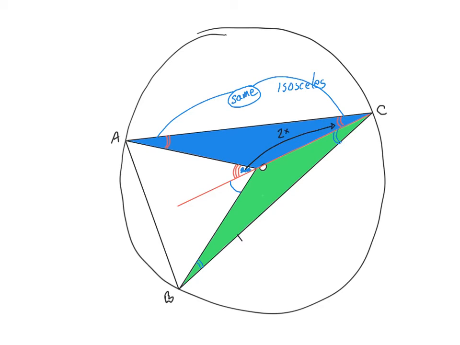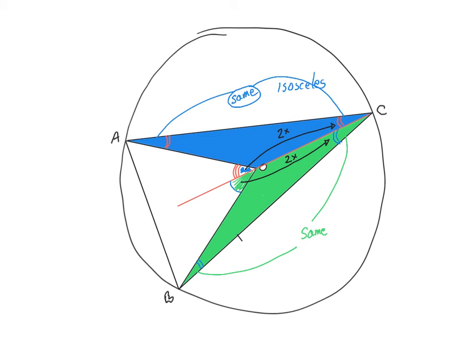And similarly here, if these two are the same, because this is isosceles, then the blue angle here must be equal to the sum of those, and therefore this also is twice that one.